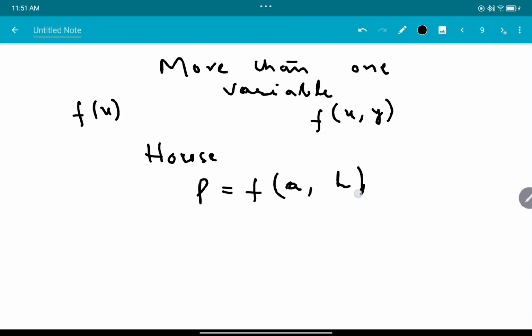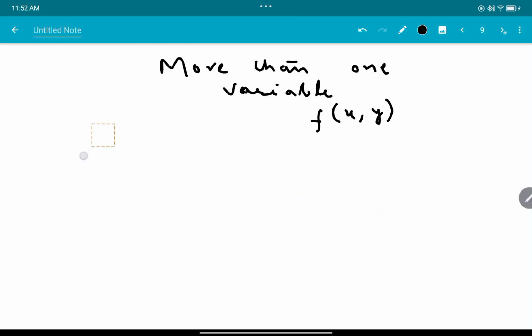If it depends upon two variables, then it is a function of two variables. If it depends on more than two variables, it's a function of multiple variables. You can think of, for example, the gravitational force between two masses, which depends upon not only the masses but also the distance between the masses. So gravitational force is a function of more than one variable.